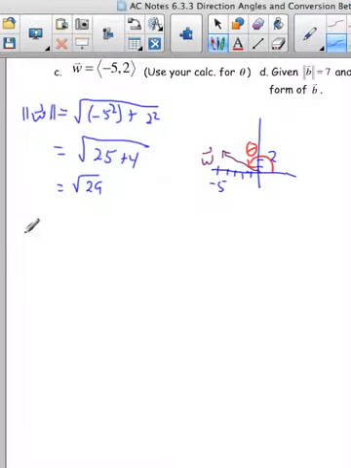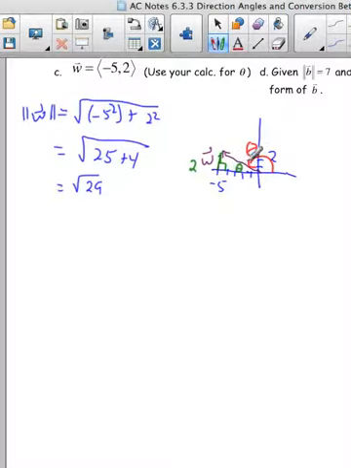And now we need to find the direction angle. So if I draw in a right triangle here coming down to negative 5, my x direction is going to be negative 5, and this vertical part is 2. I'm going to do a little reference angle here, which I'm going to call theta prime.